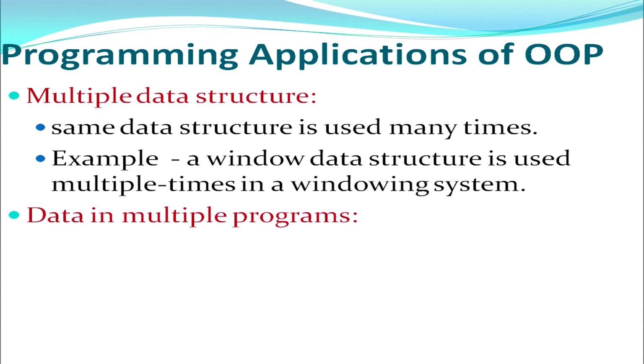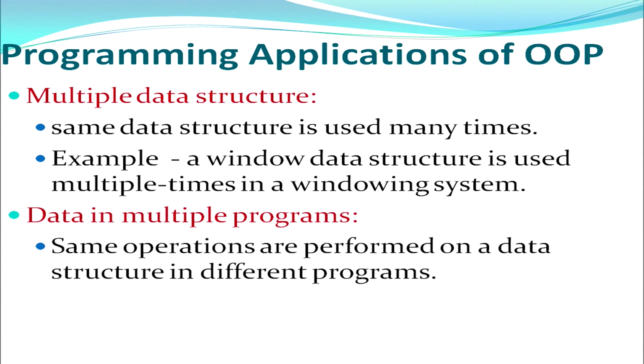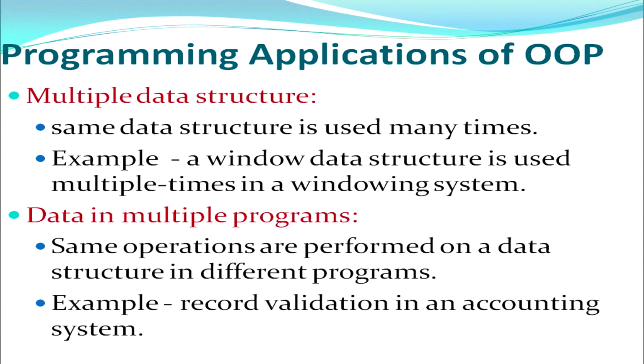Then you have data in multiple programs. The same operations are performed on a data structure in different programs. For example, a record validation in an accounting system is being done simultaneously when I am entering the data in my database.